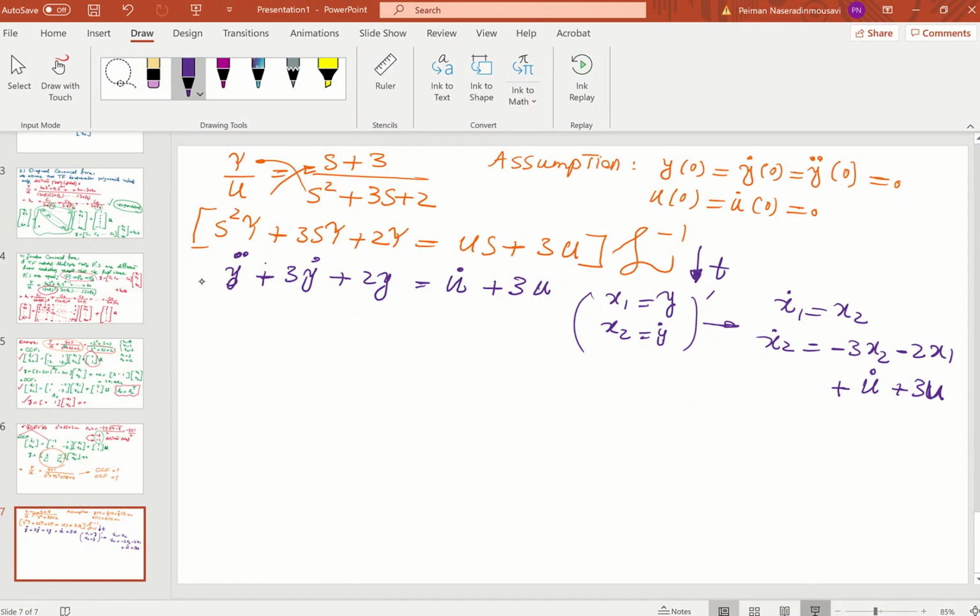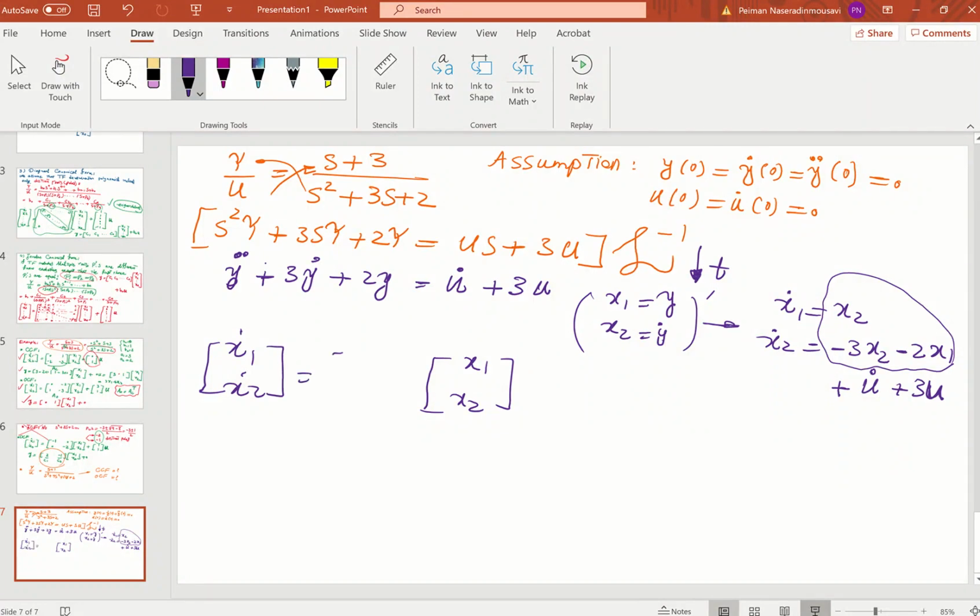Understand? So on the other hand, just look at here. This can be written as this, guys. This part, x1 and x2. I just want to show you.